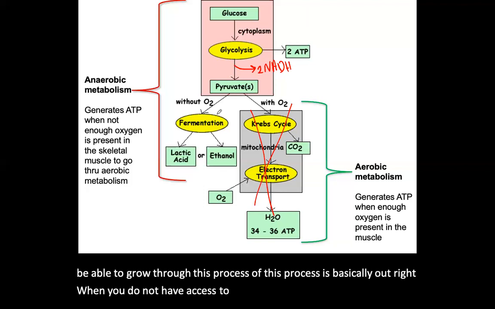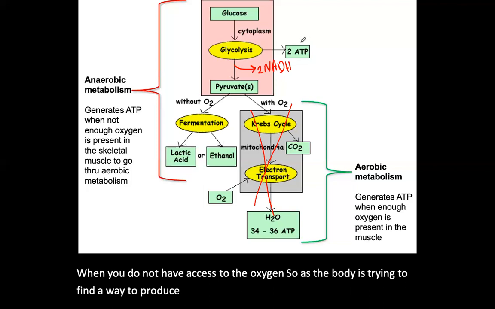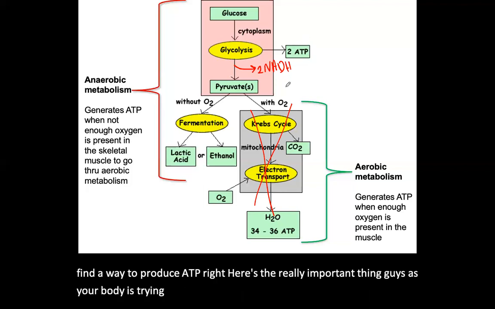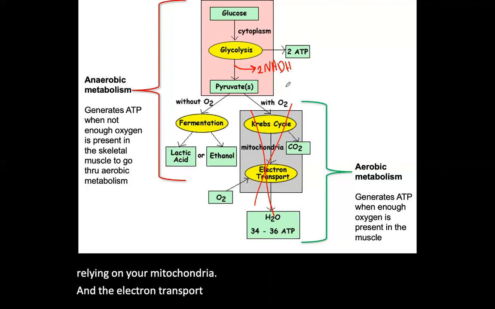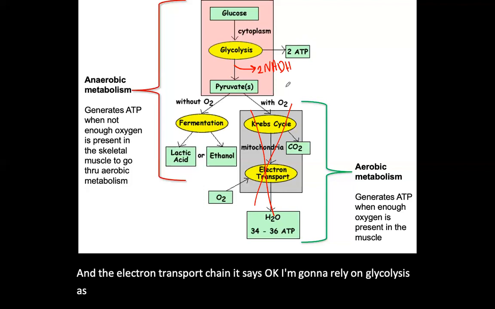So as the body is trying to find a way to produce ATP, here's the really important thing, guys. As your body is trying to find a way to produce ATP without relying on your mitochondria and the electron transport chain, it says, okay, I'm going to rely on glycolysis as the main mechanism to produce ATP.